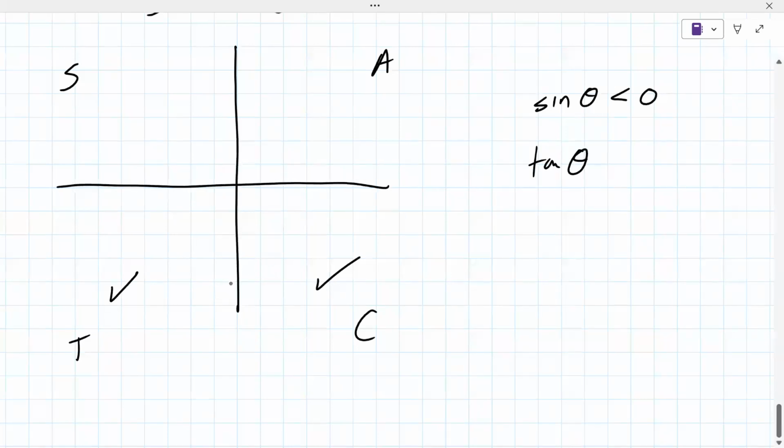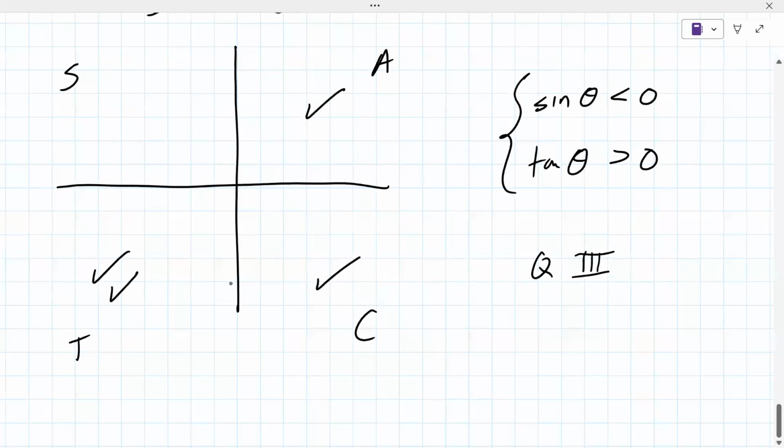Where is tangent of theta greater than 0? Which two quadrants? 1 and 3. So where are they both true? 1, 3. Both of these.